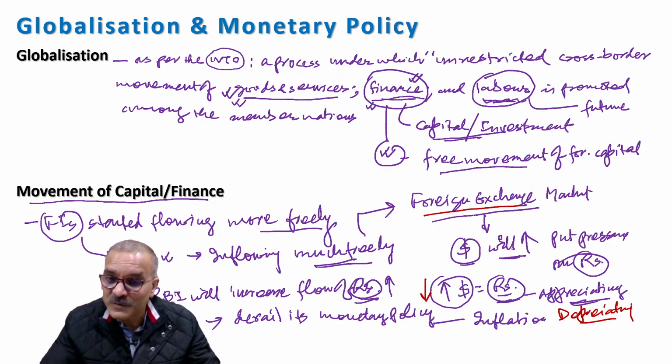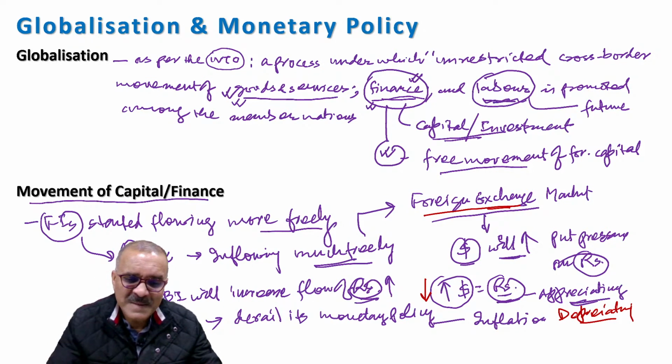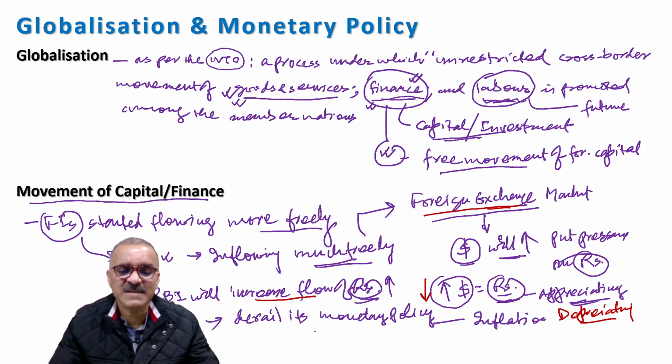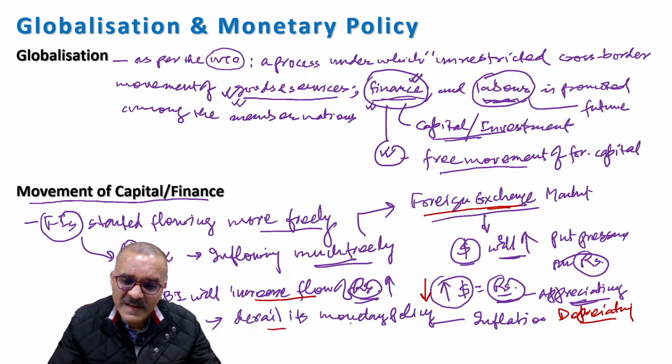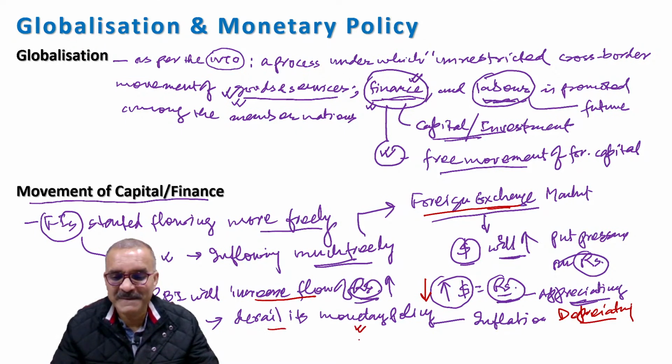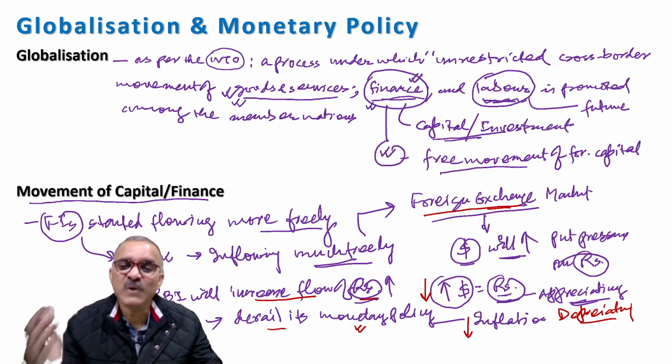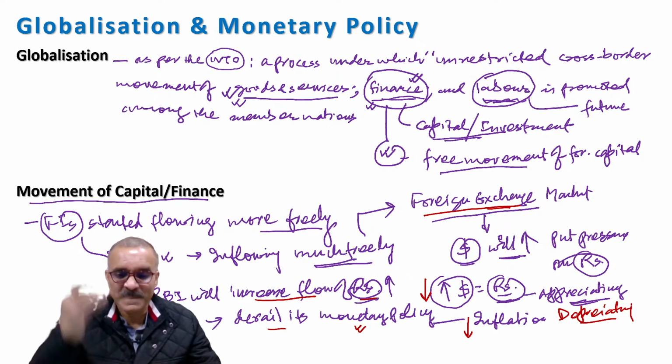So to put the foreign exchange market out of volatility, this time the RBI will decrease the flow of rupees in the system. Again, it will derail its monetary policy. Clear? By decreasing the flow of money in the system, inflation will go down, lending activities will go down, investment will go down, and ultimately India's national income will go down.